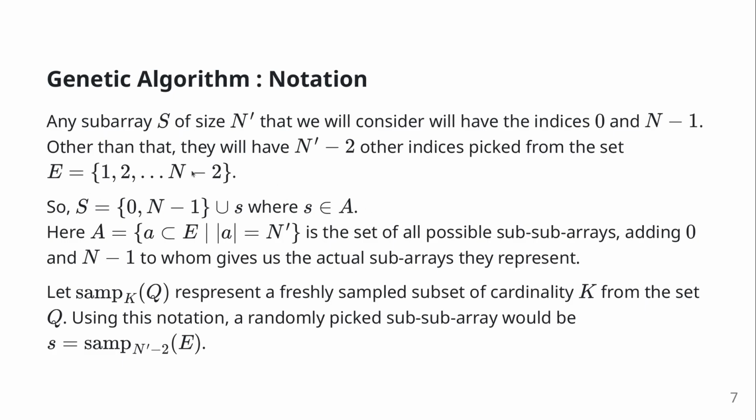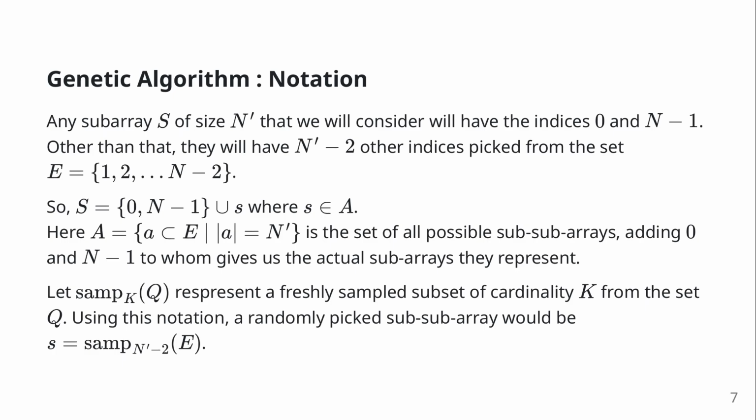So basically 1, 2, 3, so on till n-2, because n-1 is already there. Okay, so for a capital S, which is a subarray given by 0 and n-1, these two elements added to the sub-subarray. That's a bit of a jargon I'm using there, sub-subarray, very specific to this particular case. But yeah, you take the union of these two, and that gives you the full subarray.